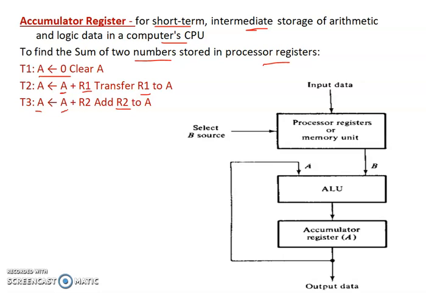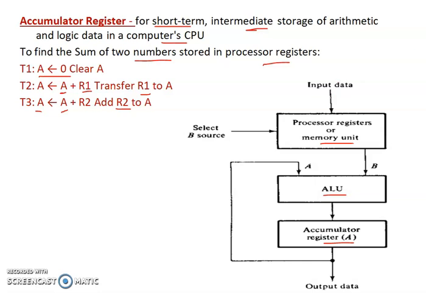So here, an arithmetic operation is performed. ALU will be there, and as said, the accumulator register is also there, then the memory unit or the processor registers. For a one-address instruction, the operand can be either the register or the memory.